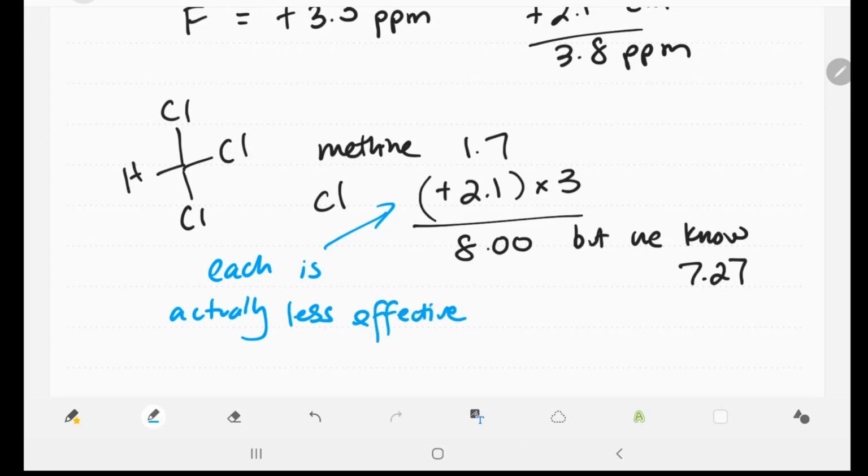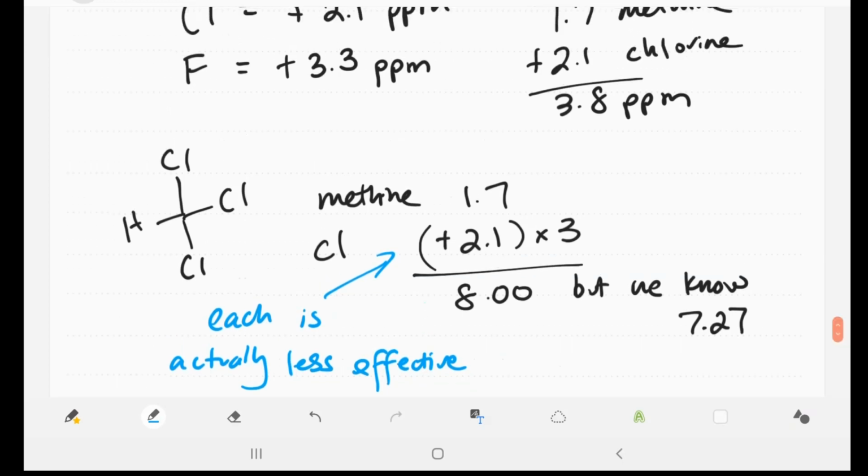You've got polarity and all sorts of dipoles happening. Because the electrons are being pulled away from the carbon and hydrogen in different directions, that's why they're not all going to be 2.1. So we don't see that these are super additive, but there is some additive effect.